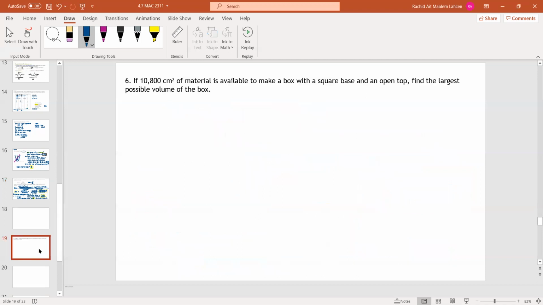Let's look into another type of problem where we have a box of material available. It's a square box, open top. Find the largest possible volume for this box. So it's the same idea again. Let's maybe do some sketch here.